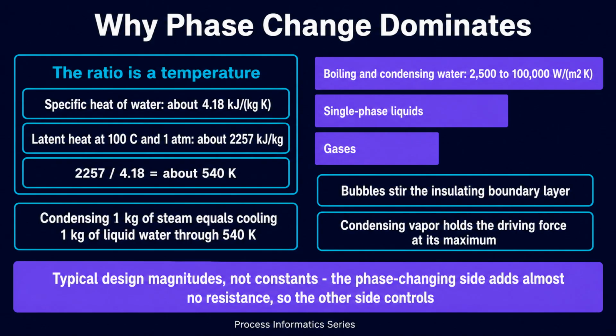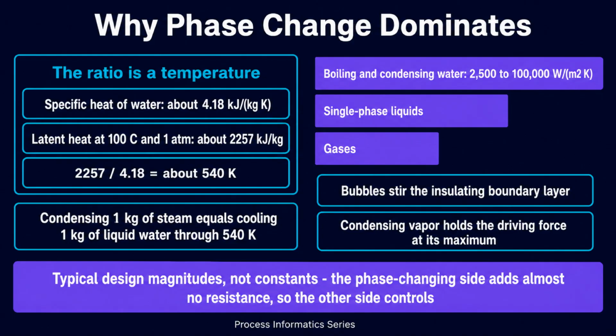It is also where the coefficient is. Chapter 1 put gases at single digits to a few hundred watts per square meter Kelvin, and single-phase liquids up to about 10,000. Boiling and condensing water span roughly 2,500 to 100,000 watts per square meter Kelvin, typical design magnitudes, not constants. 2 mechanisms explain the leap.